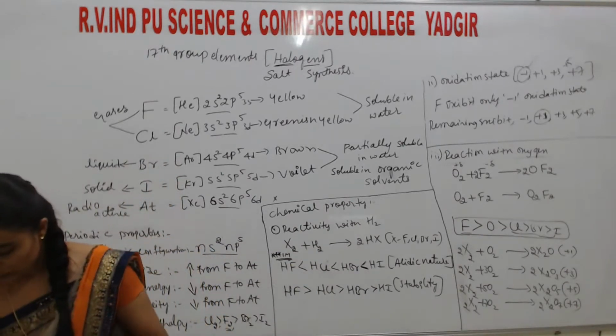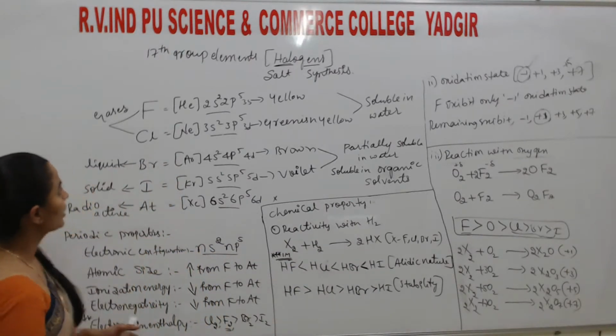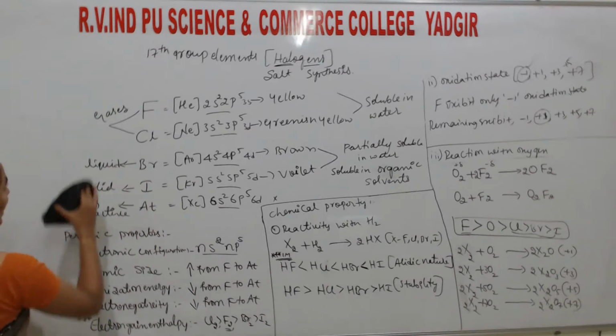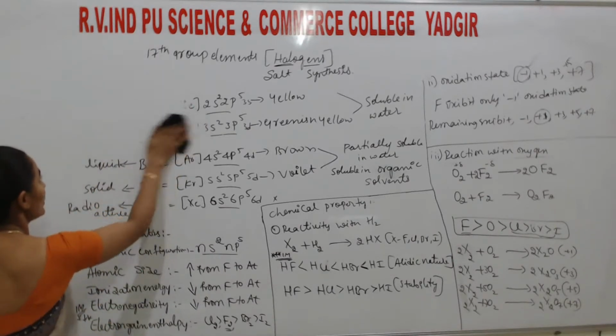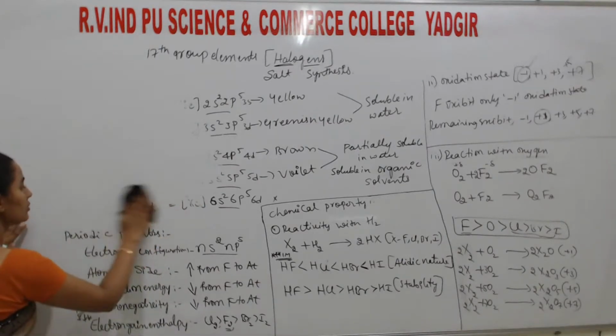Okay, so next we will discuss the important compounds of halogens, chlorine, Cl2.